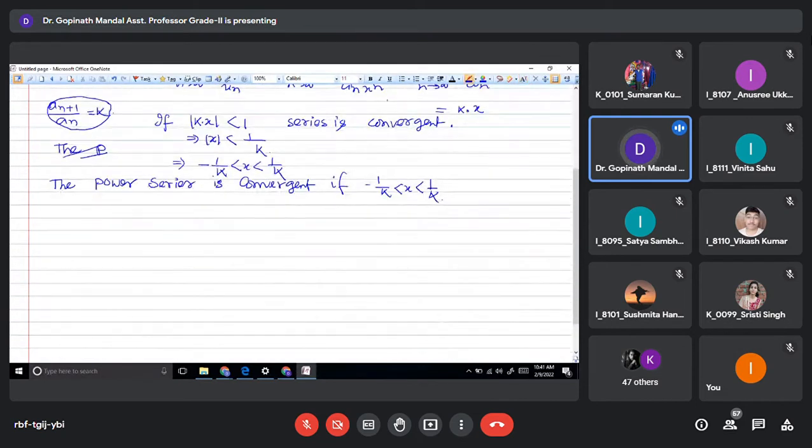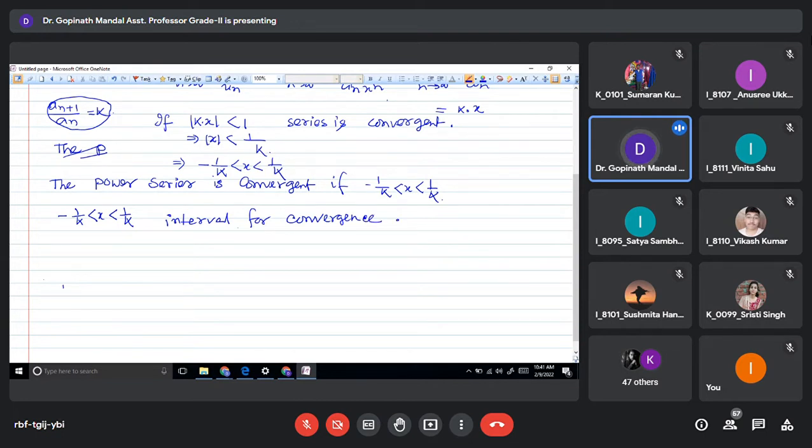This interval is the interval of convergence of the power series.